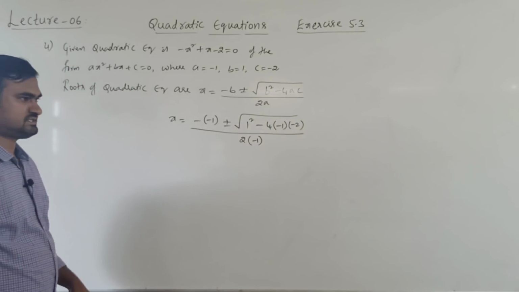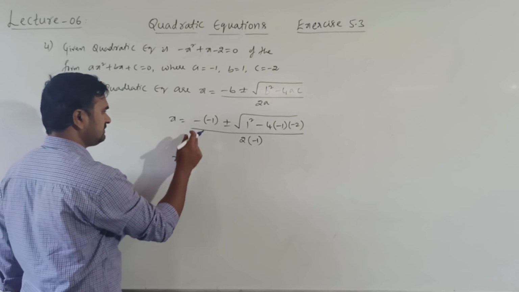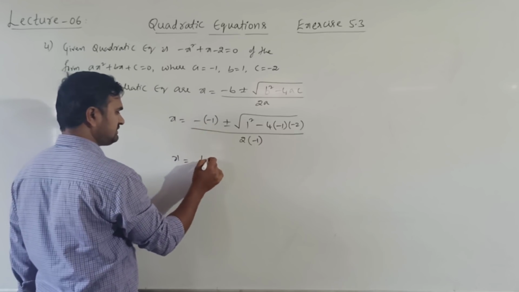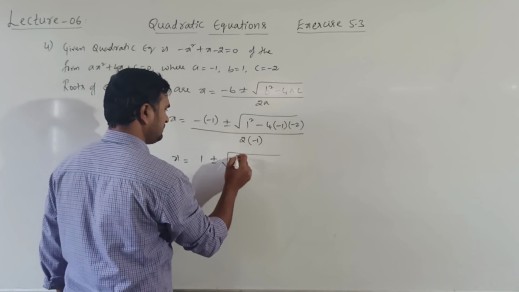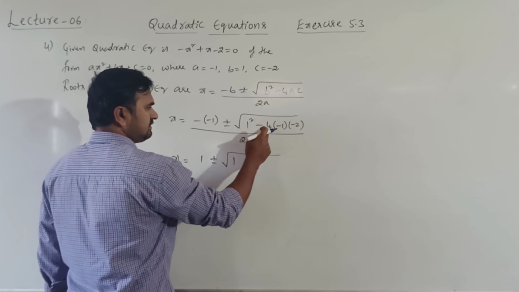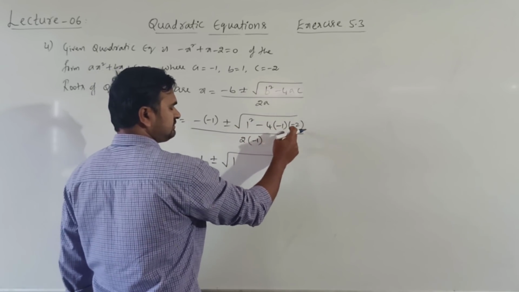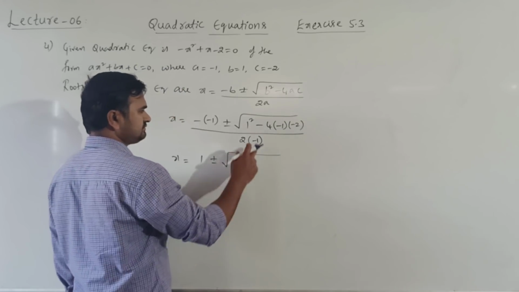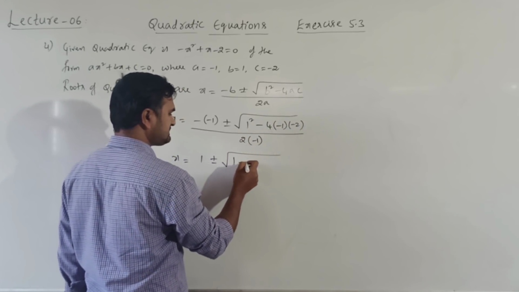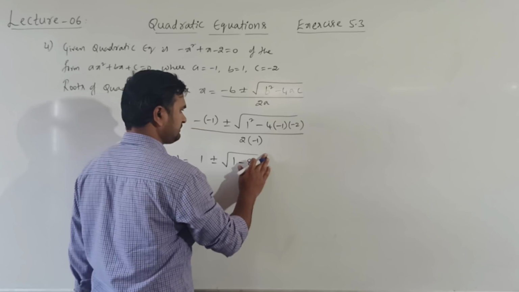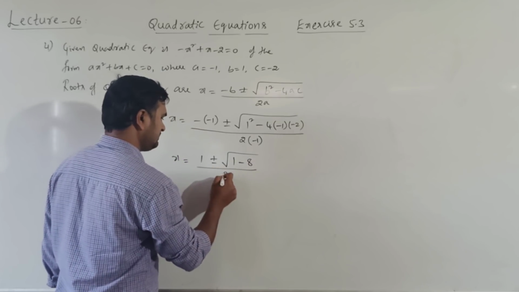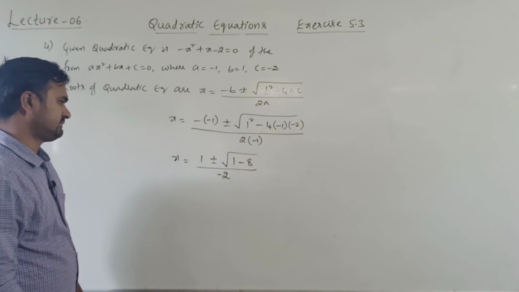So the remaining is simplification after substituting in the formula. Minus of minus 1 is plus 1 plus or minus root of 1 square is 1. Now minus 4 into minus 1 into minus 2, what do we get? Minus into minus into minus, minus 8, divided by 2 into minus 1 is minus 2.